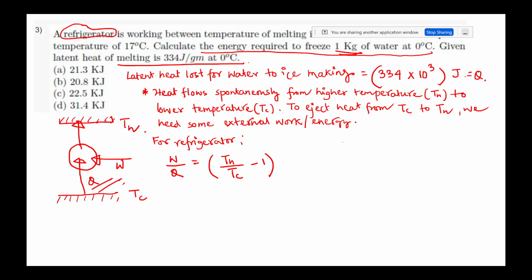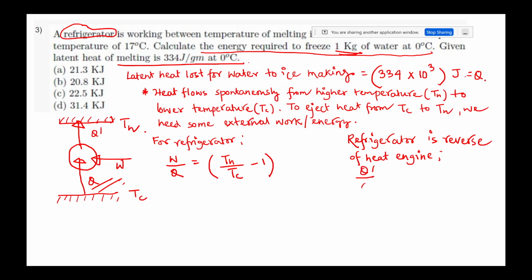How? Because a refrigerator is the reverse of a heat engine. Now this is Q prime for the heat engine.